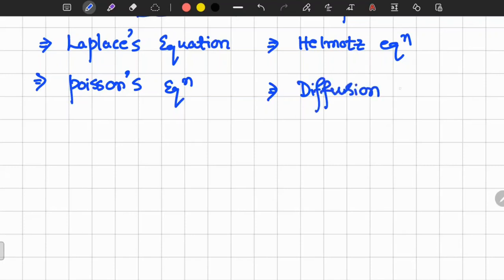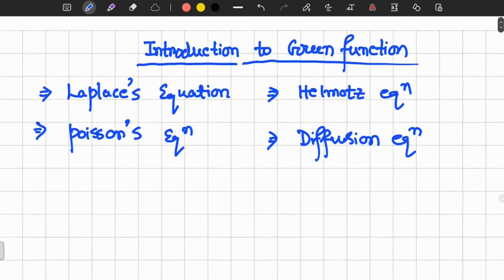These are all basically differential equations. The Green function is used to solve these kinds of equations.